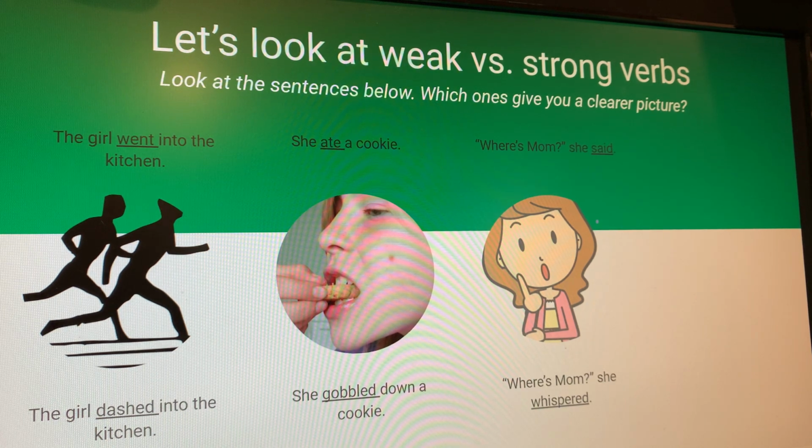Other things you could have said that give this more descriptive picture, you could have said she nibbled the cookie. She scarfed the cookie. I'm trying to think of a word for slowly ate, but you get the idea. It's giving a more descriptive picture of how she ate that cookie.